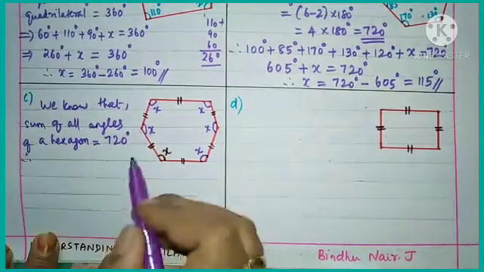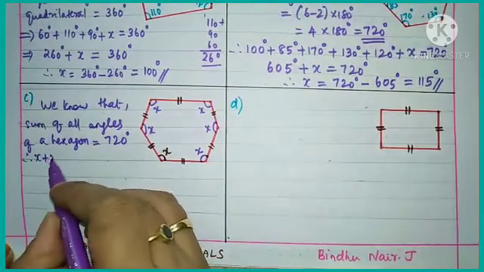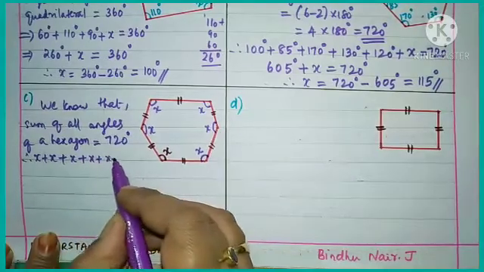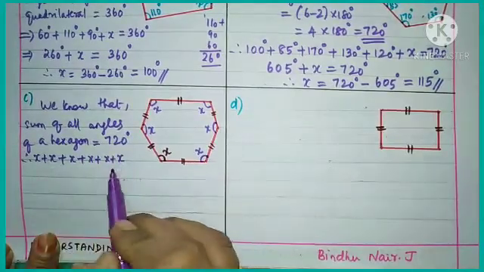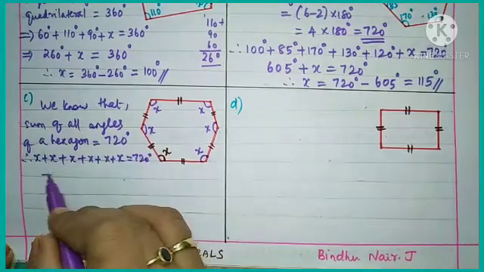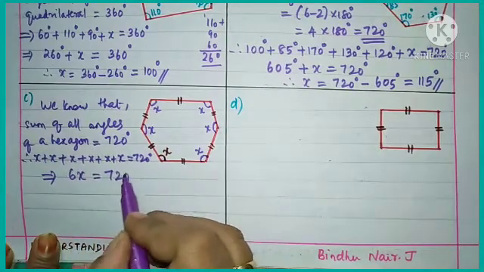Therefore here how many x are there? 6x, correct? So that is x plus x plus x plus x plus x plus x, 6x equal to 720 degrees. Now add all this, you will get 6x equal to 720 degrees.